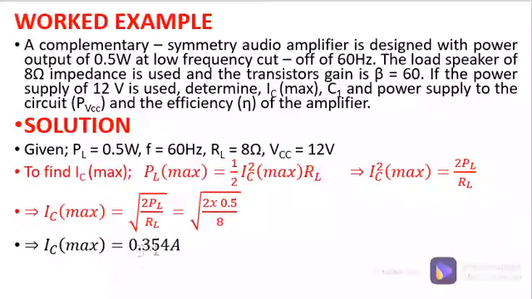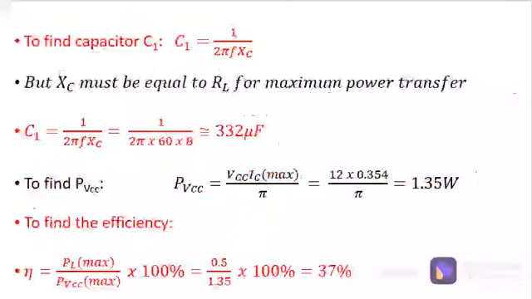That's 0.354. So IC is 0.354 all over pi. Just multiply 12 by this all over pi, which is 3.142, as we all know. You end up getting 1.35. This is our input power.